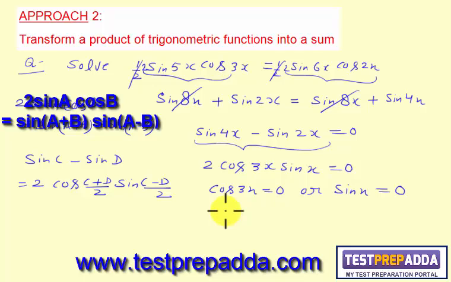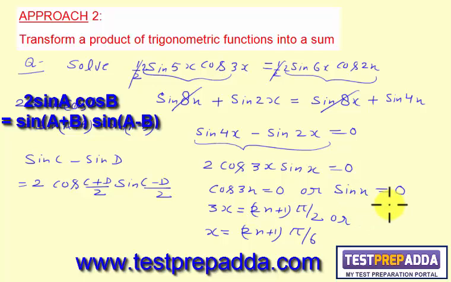Now recall standard trigonometric equations. Cos theta is equal to 0, so theta is equal to (2n plus 1) pi by 2. So here I can write 3x is equal to (2n plus 1), an odd multiple of pi by 2. So this way x comes (2n plus 1) pi by 6.